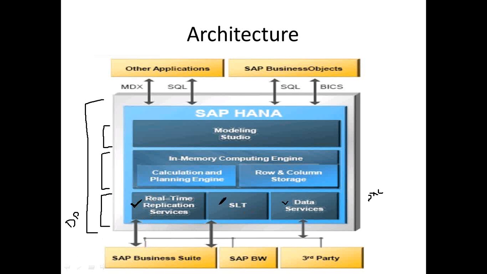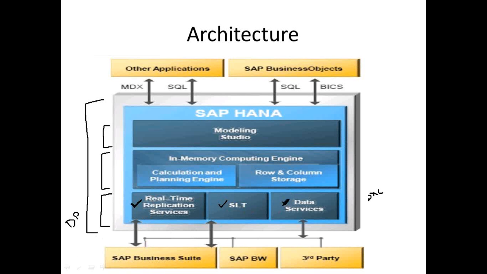The second option that you have is SLT, called SAP's Landscape Transformation Server. It enables you to connect all SAP systems into SAP HANA. It is a real-time processing system. It also enables a few databases to connect into SAP HANA. The third kind of replication is data services replication, which is called the ETL replication.